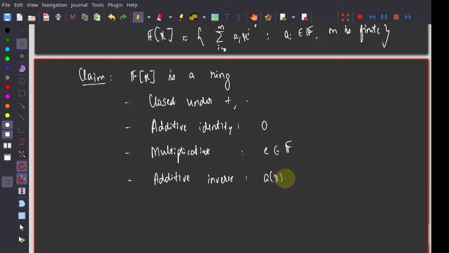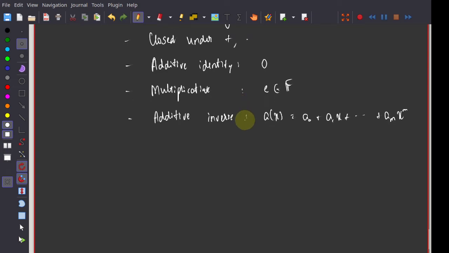So if a of x is a0 plus a1x and so on plus amx to the power m, so it's a degree m polynomial, then what is the additive inverse? Yeah, so basically take the additive inverse of each of the coefficients: a0 bar plus a1 bar x and so on.